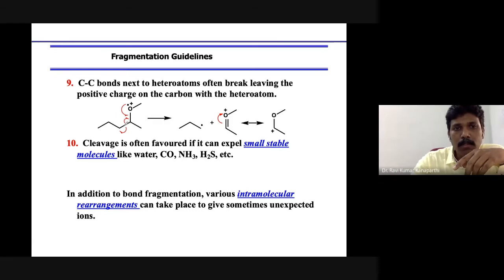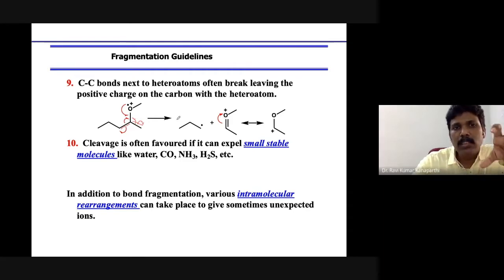What I'm talking about is the CC bond adjacent to the heteroatom bond, the CO bond. So this is the favored one. This is one type of fragmentation, whereas the other type of fragmentation is also possible. In that case, this will form a slightly different one.